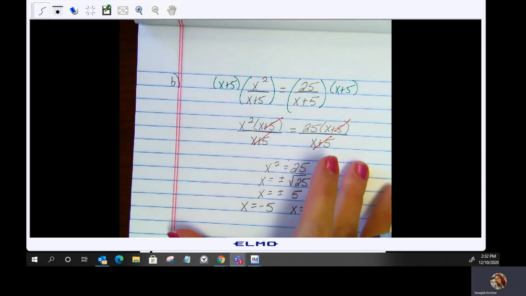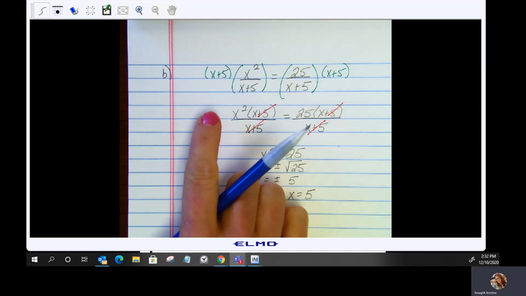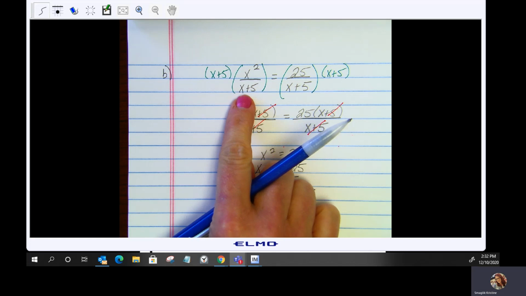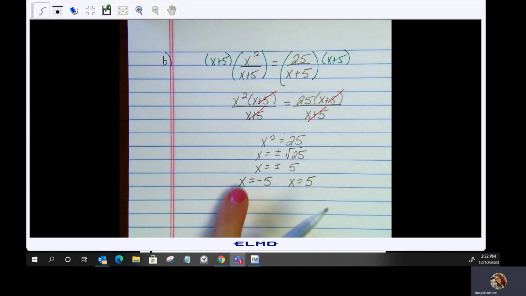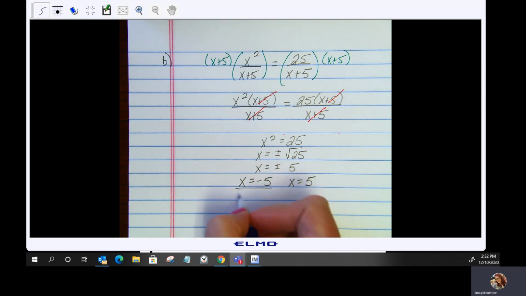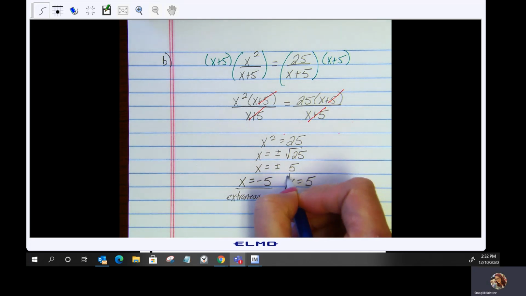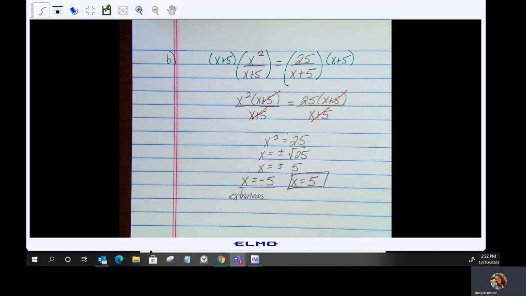If I go back to the original equation, I can see that if x equals -5, -5 plus 5 is 0. That creates an undefined function. So therefore, x equals -5 is extraneous. X equals 5 is my solution.